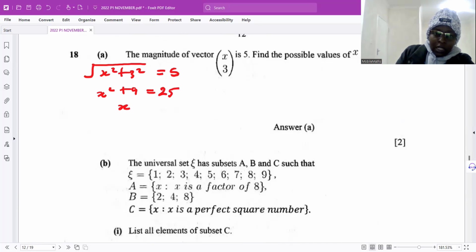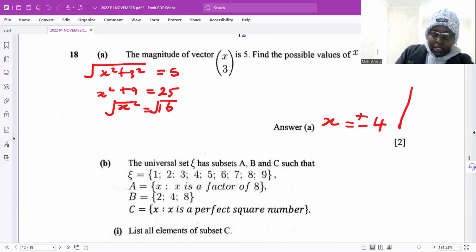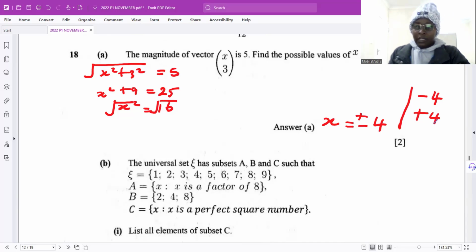So x squared is equal to 25 minus 9, which gives me 16. I find the square root on both sides. It means x is equal to the square root of 16, which is plus or minus 4. So either your value is minus 4 or plus 4, okay?